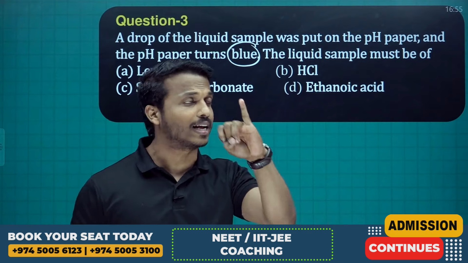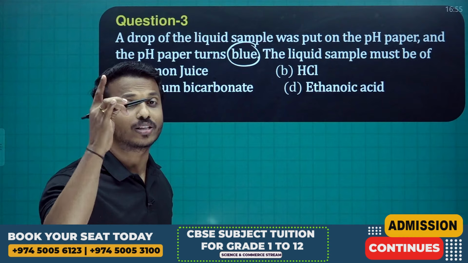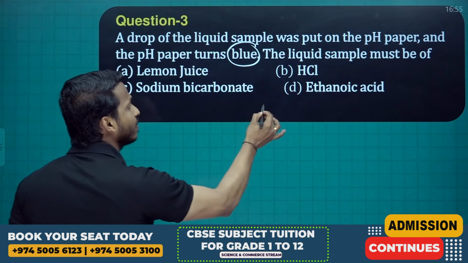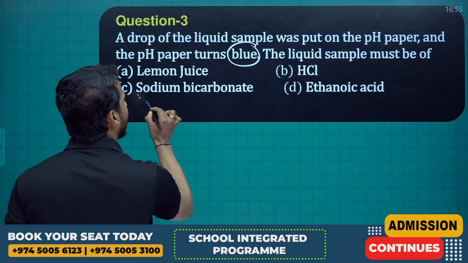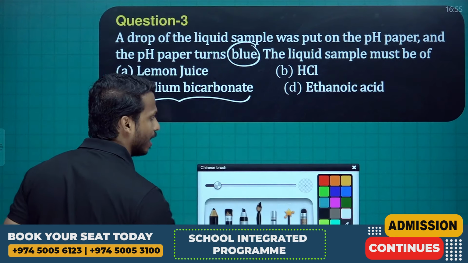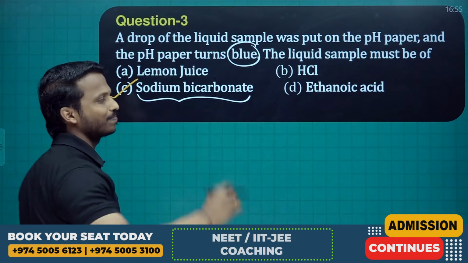Lemon juice contains citric acid, so A is acidic. HCl, hydrochloric acid, is a strong acid. And ethanoic acid is a weak acid. And sodium bicarbonate is the only basic one. So option C.